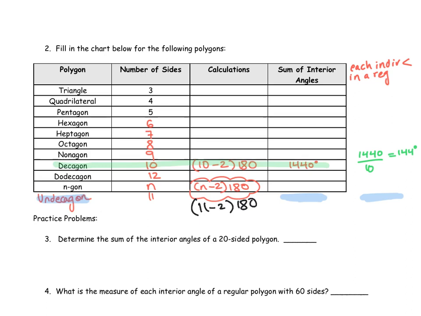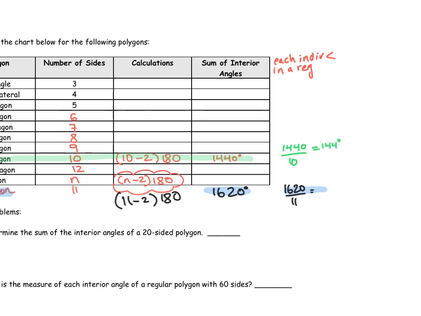That's going to give me 1620 degrees. So that's the sum of all the interior angles. Now if I divide 1620 by the number of sides, which is 11, that will give me a decimal. That means that each individual angle would be equal to, if I round it to the nearest hundredth, 147.27 degrees.